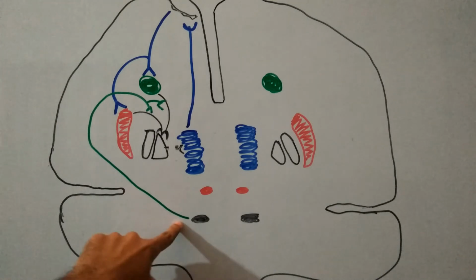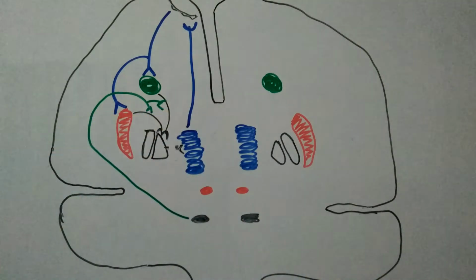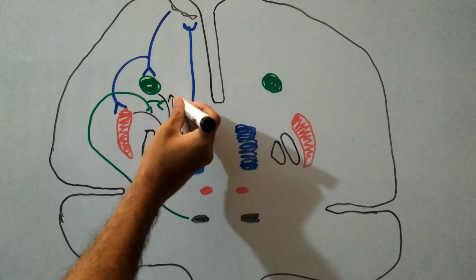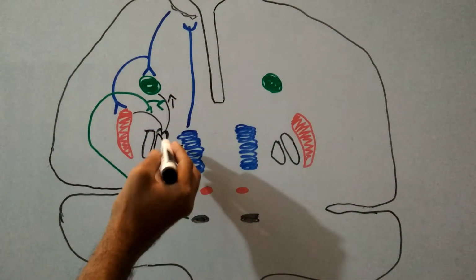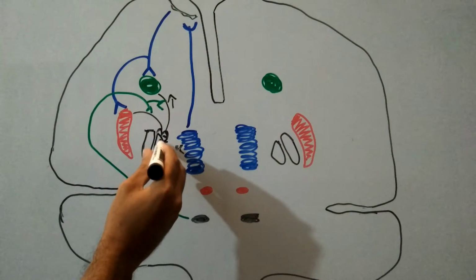When dopamine is released in this pathway onto these neurons, it excites them even more, so they release even more inhibitory neurotransmitter in the globus pallidus.